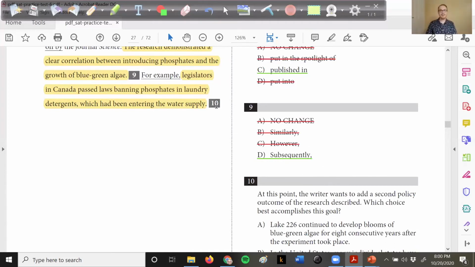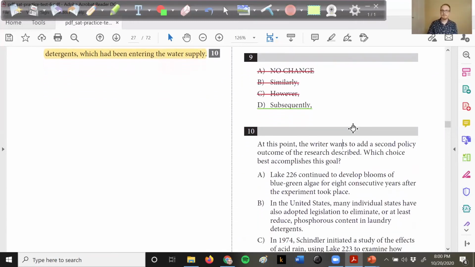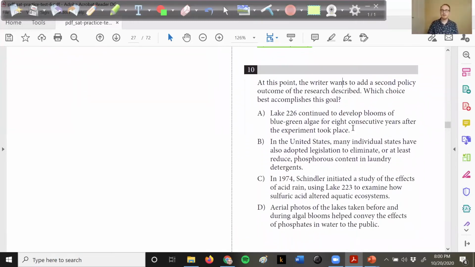All right, and then at the end here, we have number 10 seemingly not linked to anything. So let's see. Oh, this is more of an editor question. All right. At this point, the writer wants to add a second policy outcome of the research described. Which choice best accomplishes this? Okay, what is the goal?